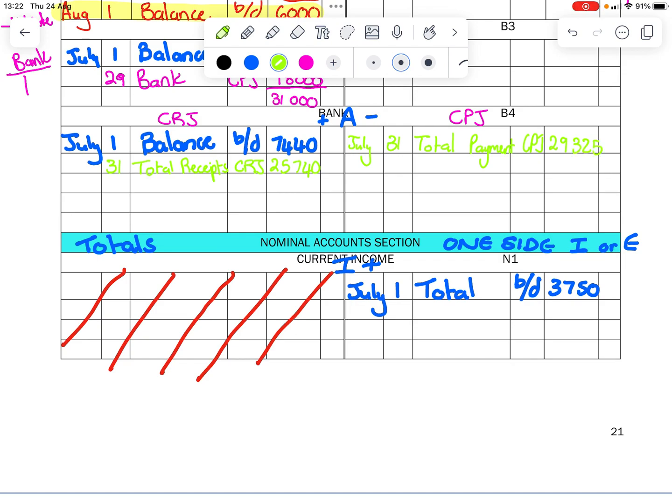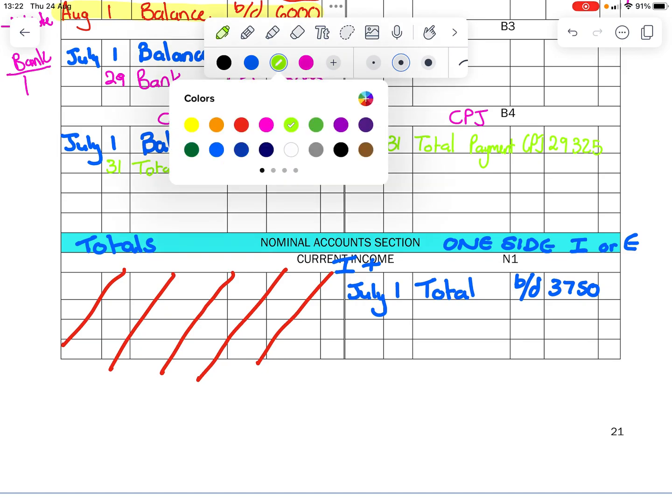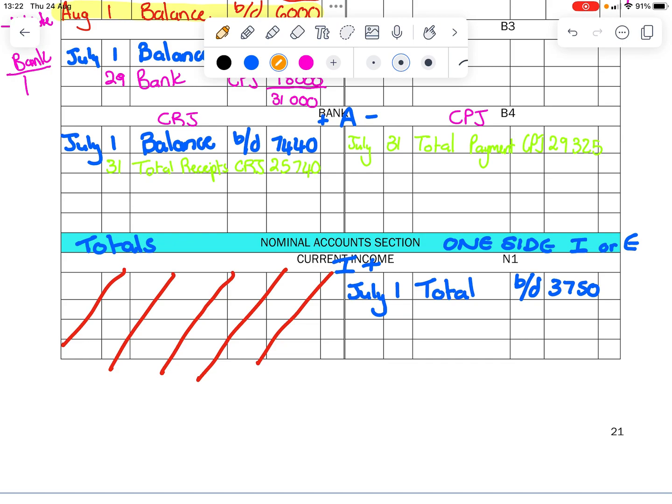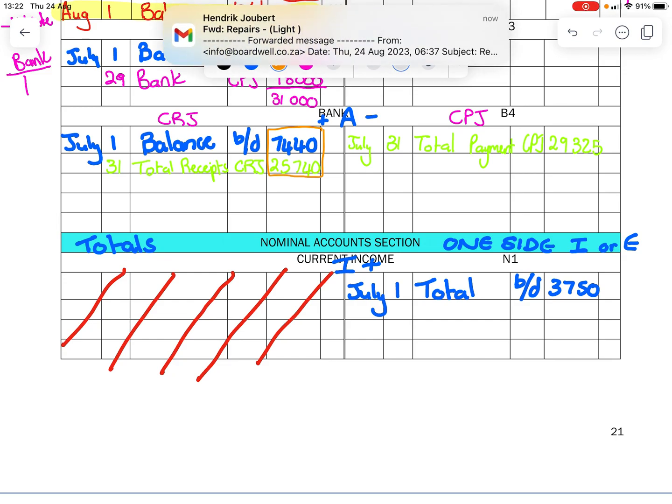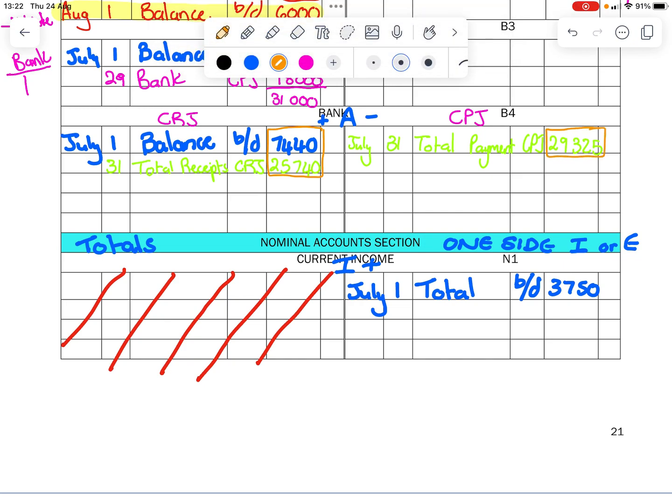Now what we need to do, and the purpose of why we do this bank general ledger account, is to determine how much money we have left in our bank account after we have spent it. So if we didn't have any payments, the total of our balance and our total receipts would be our bank balance. But we do have payments of 29,325.